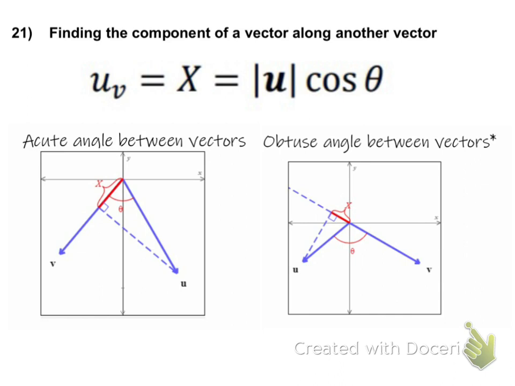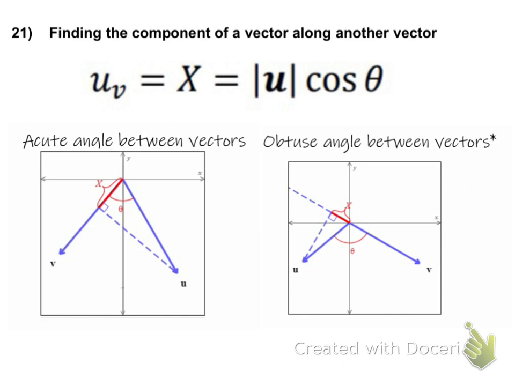So this is just a computation thing, but I want to be sure you understand what you're finding, okay? This is talking about finding the component of a vector along another vector. Look at the one with the acute angle between them. The easiest way to think about it is you're dropping a perpendicular and seeing just what that little portion would be.